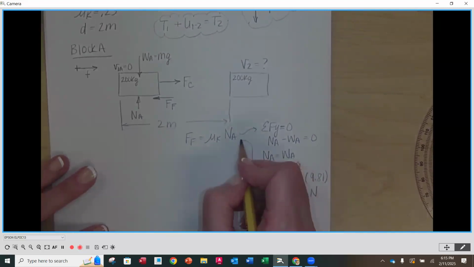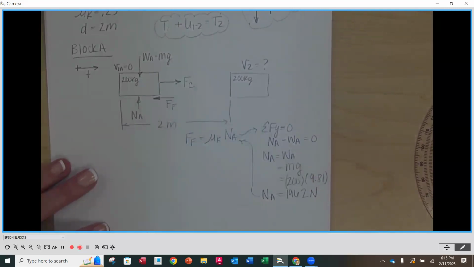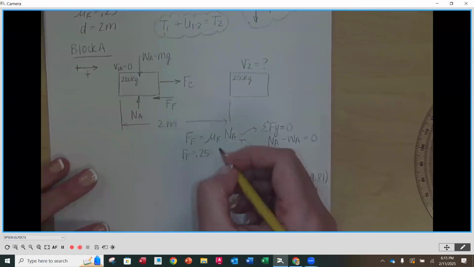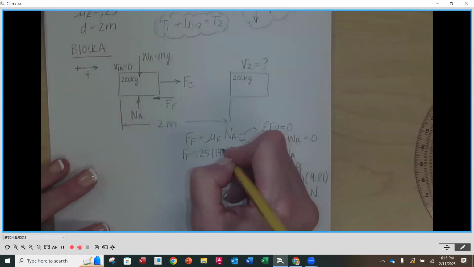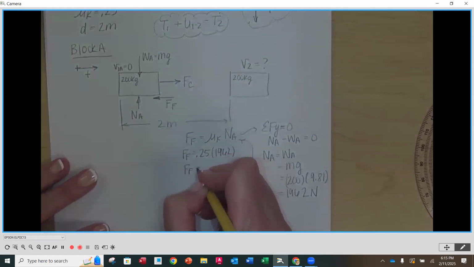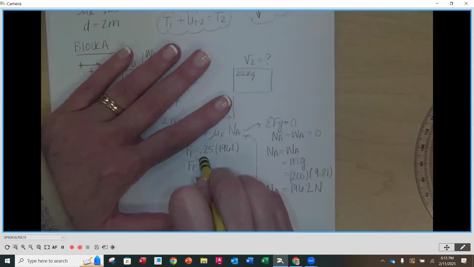That's going to be the number that we put up here. So our friction force then is going to be equal to 0.25 times 1962. Our friction force is going to be equal to, let me know what you got.